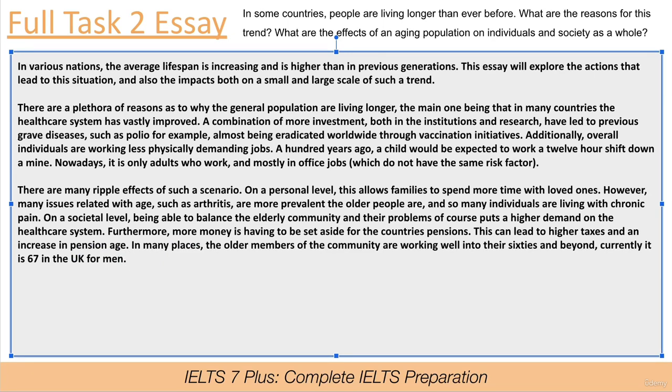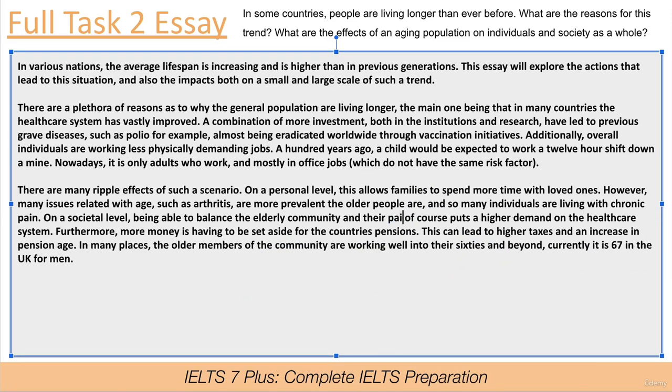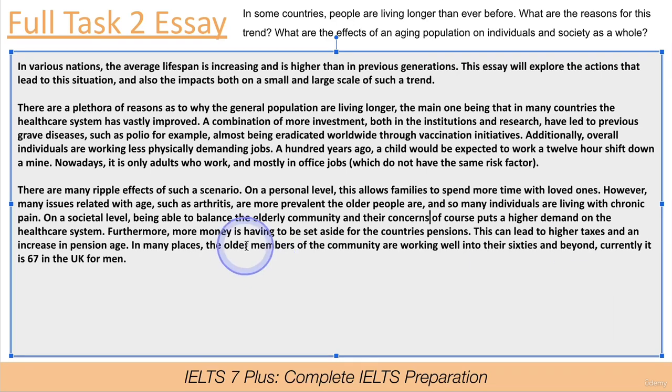And so many individuals are living with chronic pain. On a societal level, being able to balance the elderly community and their health concerns, of course, puts a higher demand on the healthcare system. Furthermore, more money is having to be set aside for the country's pensions.